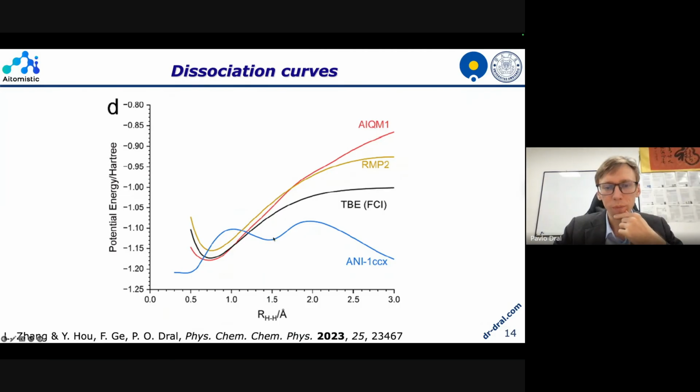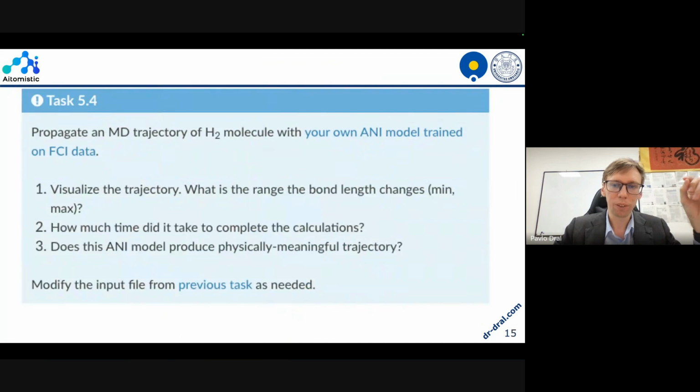And you can incorporate this physical information into the model too. That's what some people try to do. So you need to be aware of these disadvantages, of course. And if you train a machine learning model yourself, particularly for H2, it's super easy to generate data, right? It's just a one-dimensional problem.